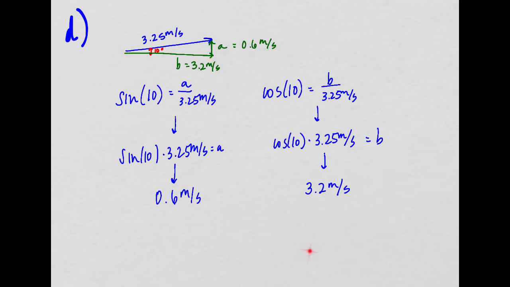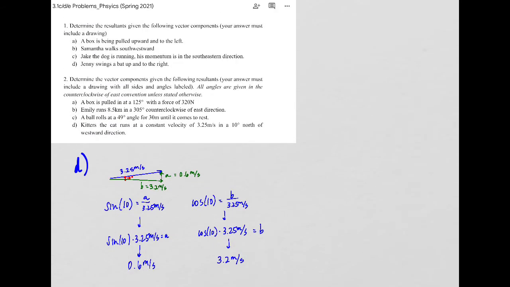So this is how I got that. I got 0.6 meters per second for the vertical vector, and 3.2 meters per second for the horizontal one. Okay, so that is it for 3.1 CDE.